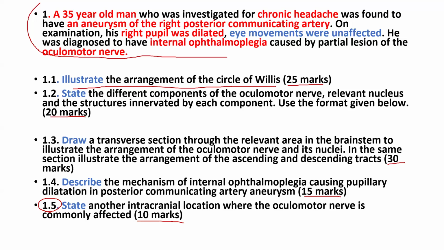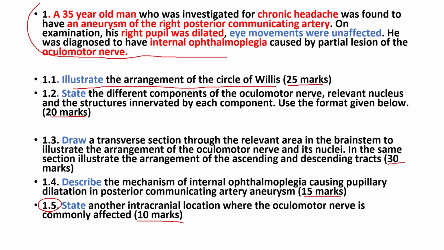It is arranged as a circle, formed by multiple arteries coming from the anterior and posterior part of the head.